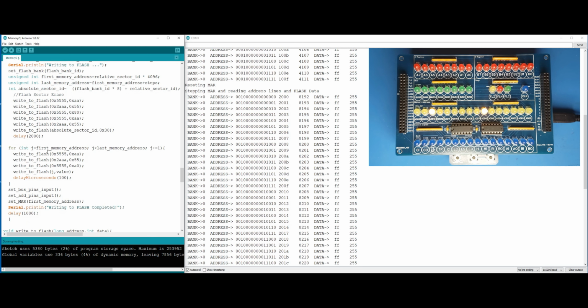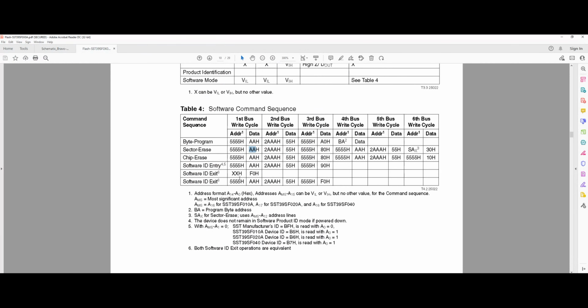Now, if you look at it, you will notice that for every byte that we are trying to write to those memory cells, we have to repeat a specific procedure. Those procedures come from the byte program section of the documentation, where you see that if you want to write something, we have to have at least these first 3 steps executed before we send the data to the chip.